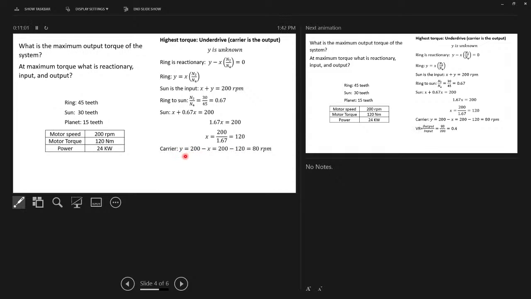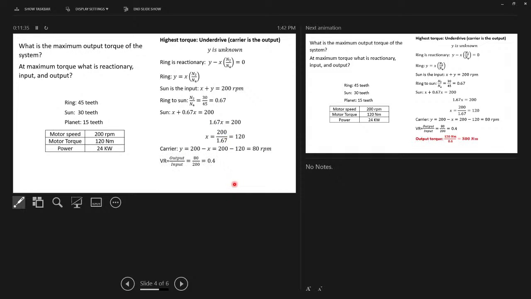The carrier speed is equal to y, and y is equal to 200 minus x, which comes out to 80 RPM. All we did was take this equation and subtract x from both sides. So 200 minus 120 is 80 RPM. Now we have the speed of the carrier, and that's 80 RPM.